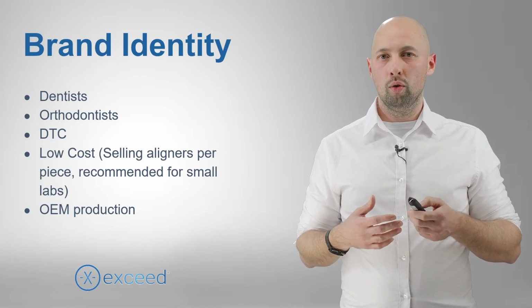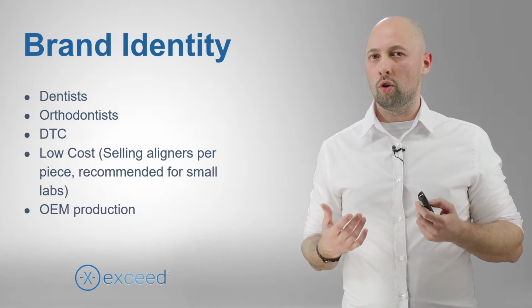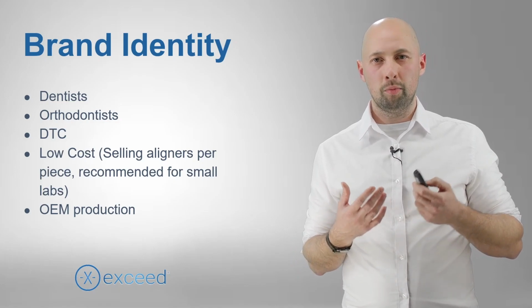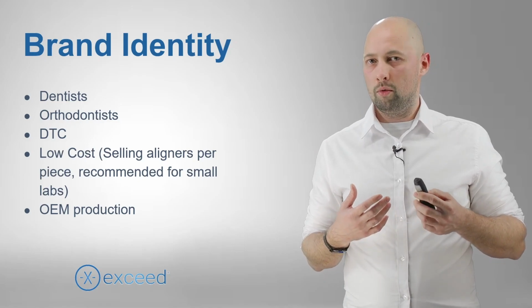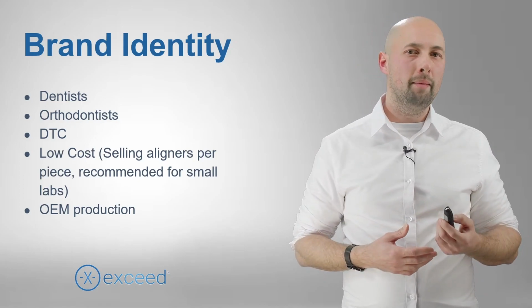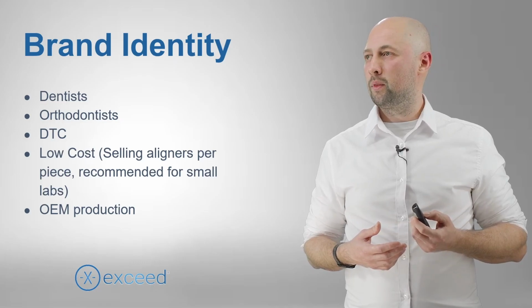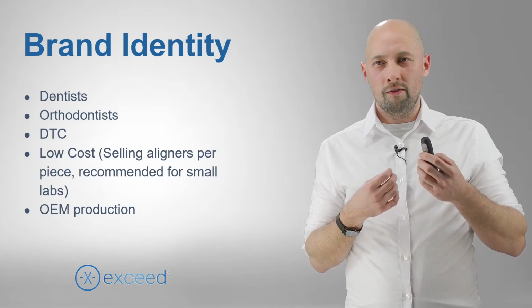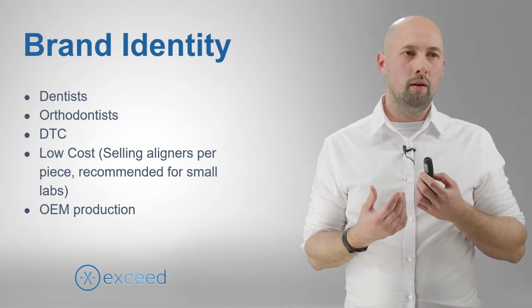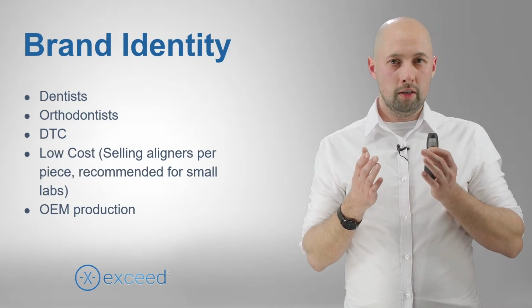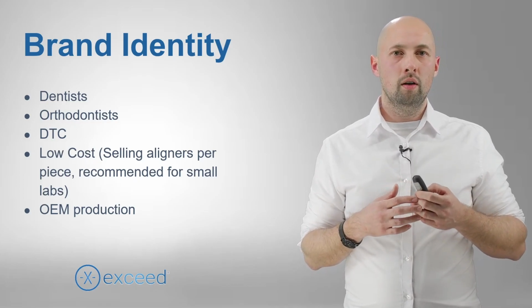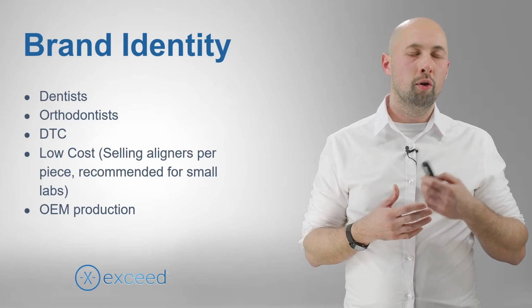For example, if you choose the low-cost option, such as selling aligners per piece, which is maybe more suitable for small labs, you will talk more about the financial benefits of such a business model. This is how, for example, we provide the aligners for our European customers.